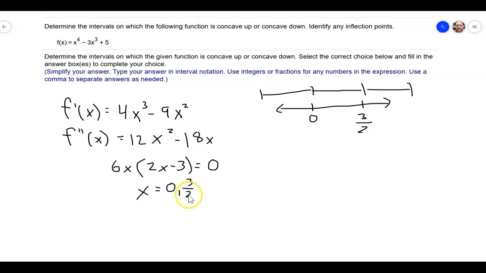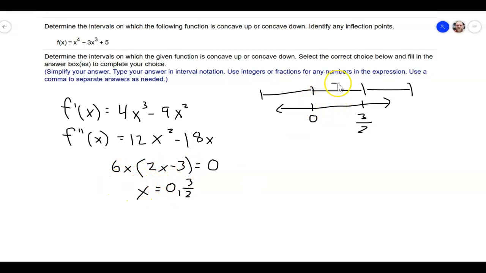Now each one of these has a multiplicity of 1, so you should alternate between positive and negative. You're just taking some value in between and putting it in to see if you get a positive or a negative. I usually use my calculator by putting it into the y1 function and evaluating it, but it's not too hard to tell. If I take a number between 0 and 3/2, like 1, that's 2 minus 3, a negative, times a positive, is a negative.